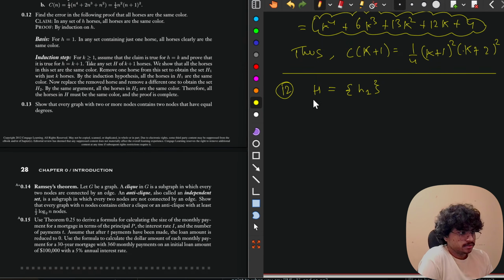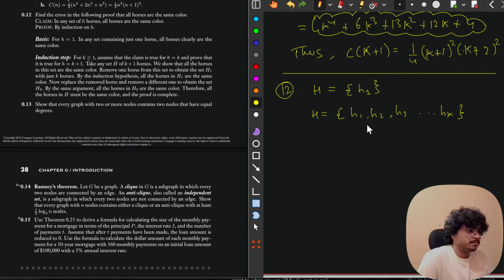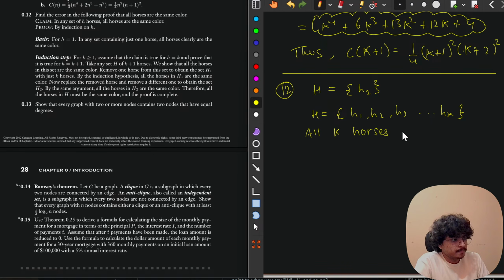Then I claim that this basis is true for k elements. Okay. I take k horses, and I say this claim is true for all k horses. That means all k horses here are the same color. Okay, that's fine.